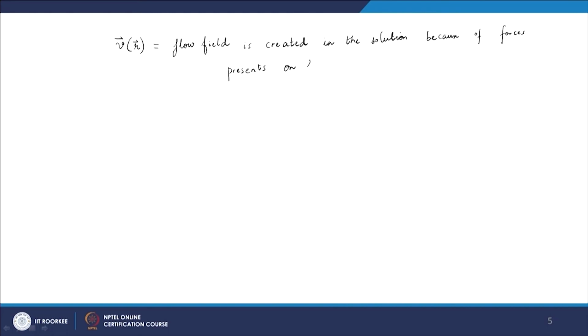So, we want to know how the flow field is created in the solution because of forces present on the beads.